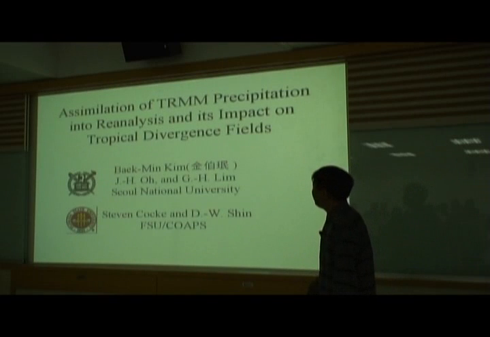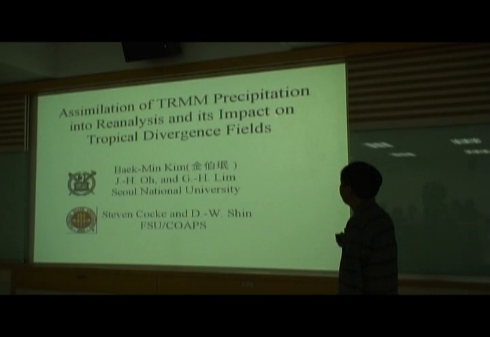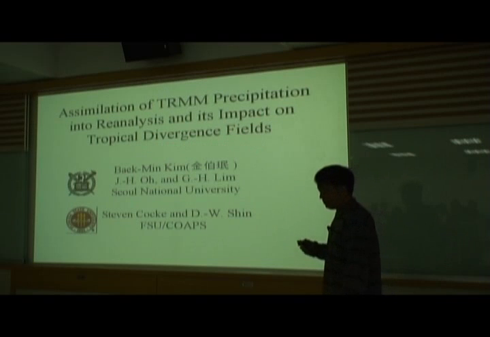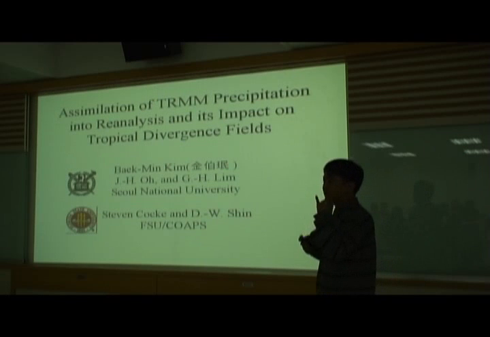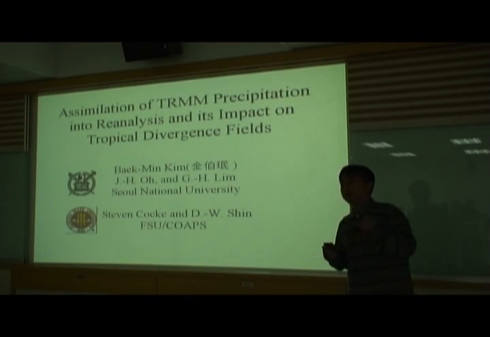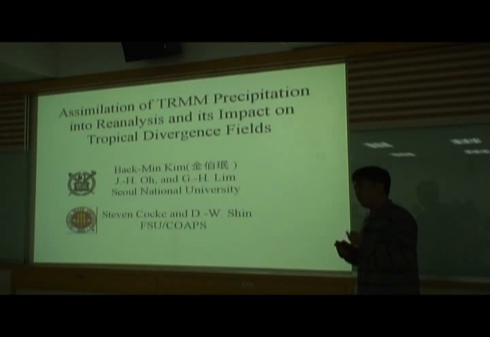My topic is assimilation of stream precipitation into reanalysis and its impact on the tropical divergence field. Our topic basically considers the quality improvement of pre-existing reanalysis data, for example ERA40 and NCEP R2. These two data sets are largely used in climate studies these days.